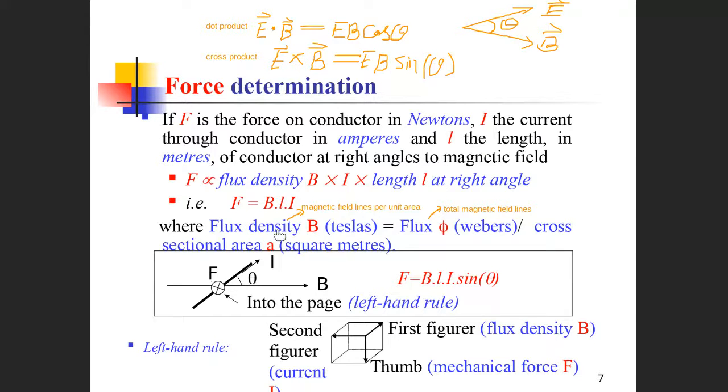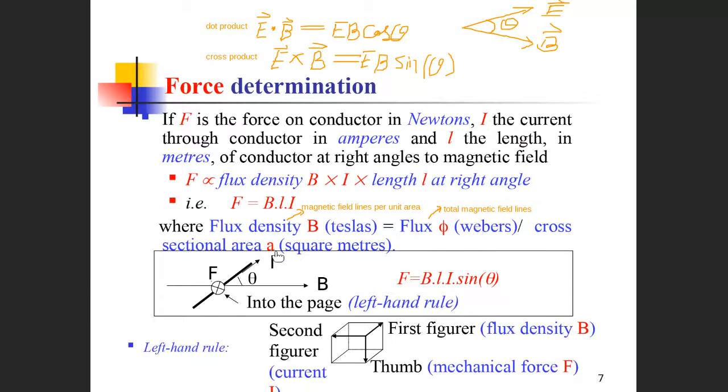The magnetic flux density, or magnetic field density, has the general unit tesla. But its actual meaning is magnetic field lines per unit area. How many magnetic field lines per unit area? The flux is the total number of magnetic field lines within a certain area.